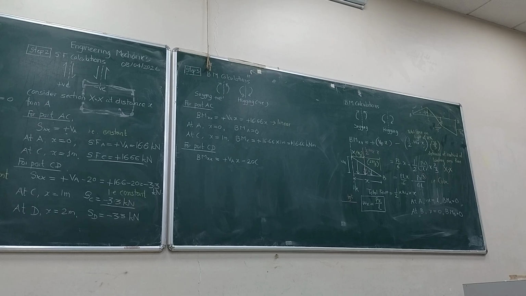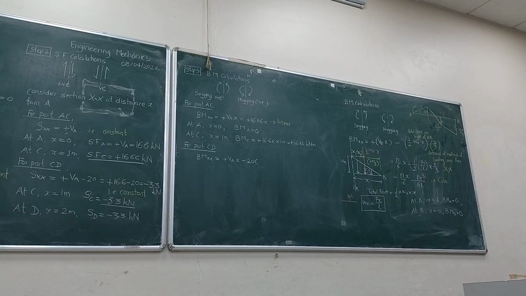Now the section is here. 20 into x minus 1. How many of you have got this? Did you understand? Ask everyone. But raise your hands. How many of you have got the bending moment of 20 at xx? How many of you understood? Raise your hands clearly. How many of you have not got this?